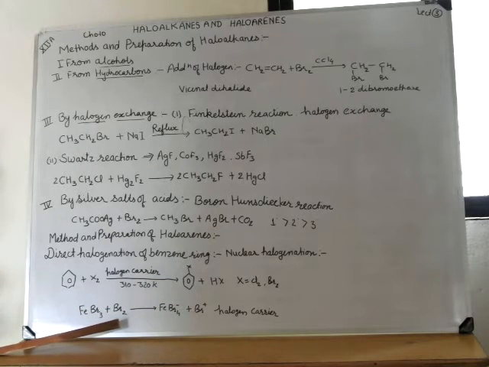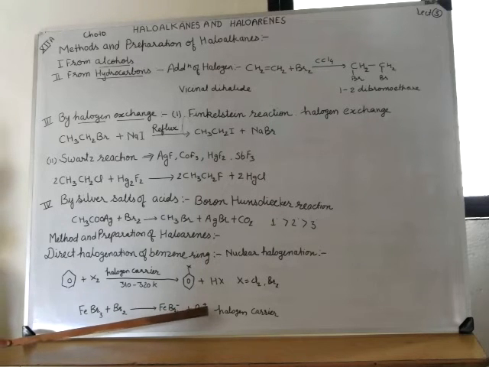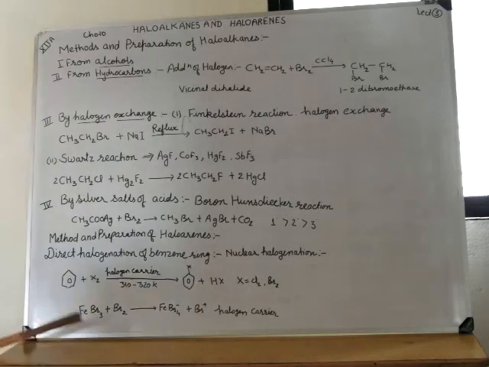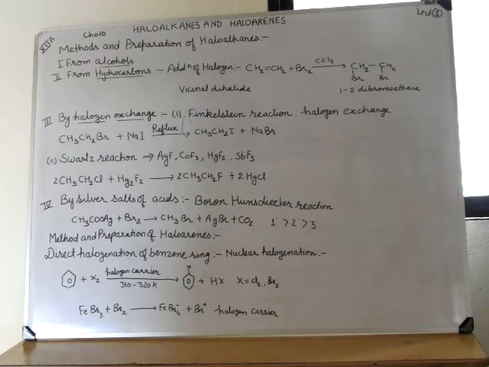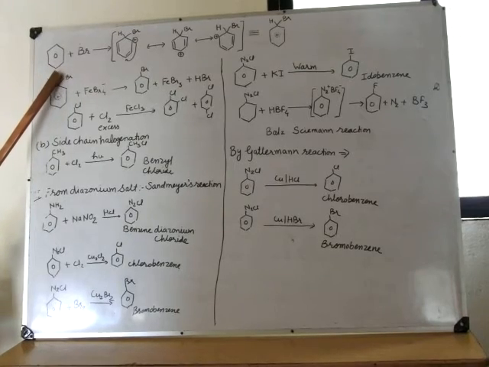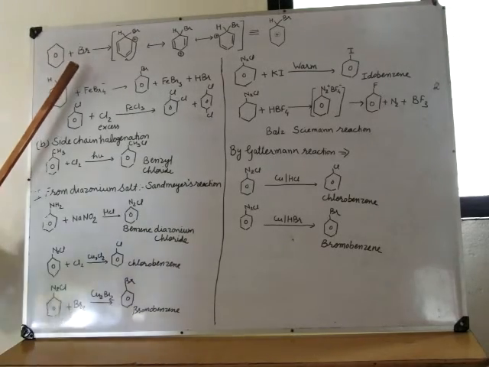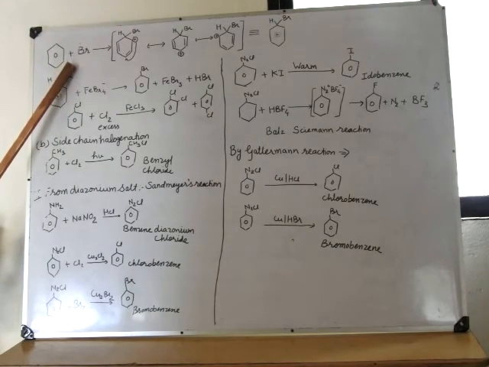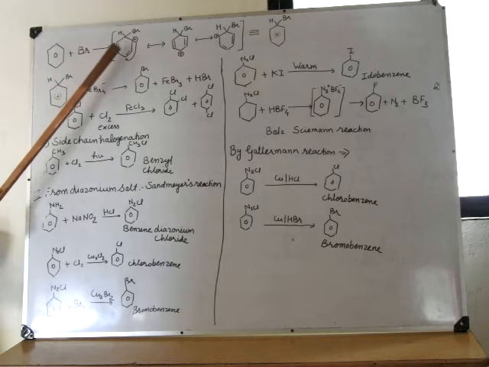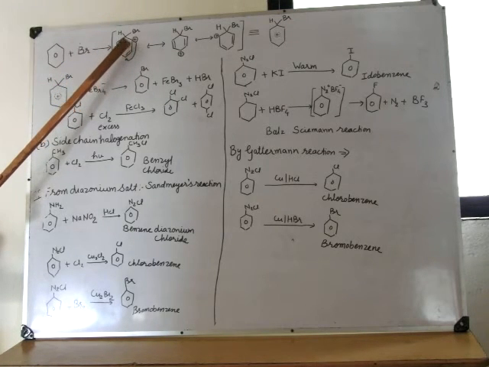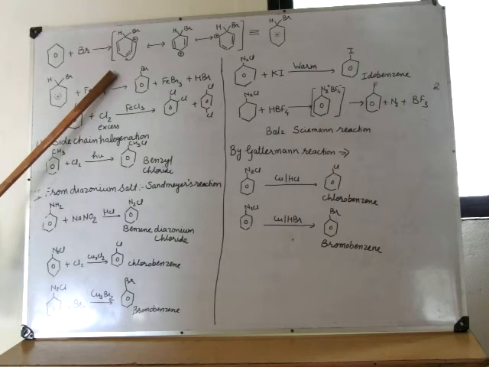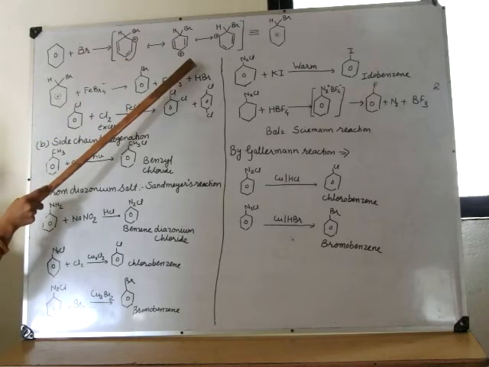FeBr3 reacts with bromine and gives FeBr4 negative plus bromide plus the halogen carrier. When benzene reacts with bromine and the halogen carrier, it gives haloarenes.